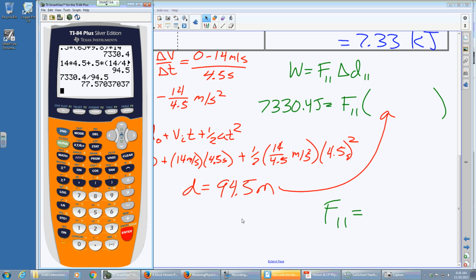I get 77.6 newtons. But remember, I got to do that in the kilonewtons. I need to pause this so I can save it before the next class.